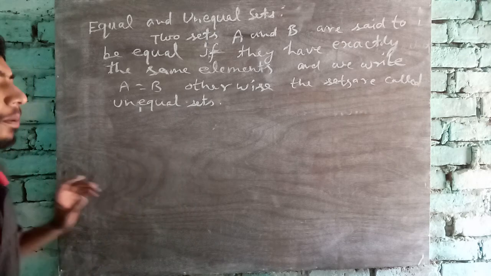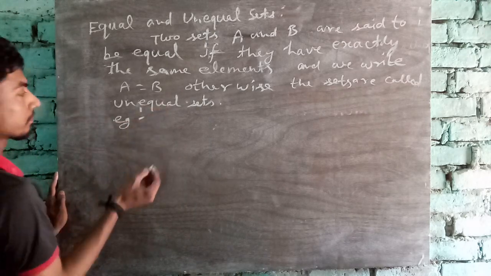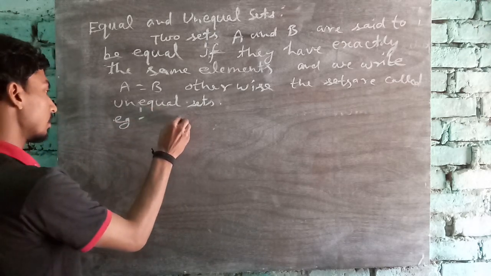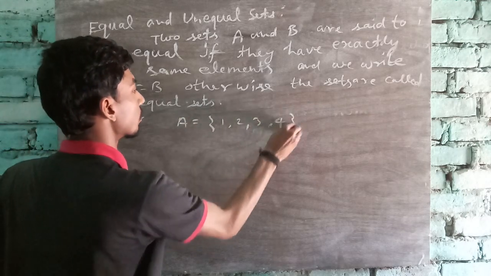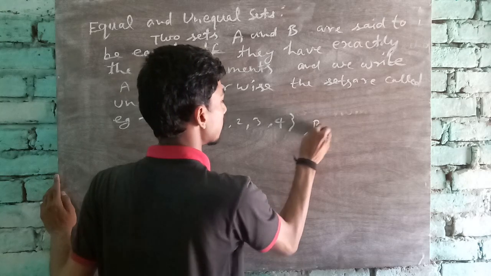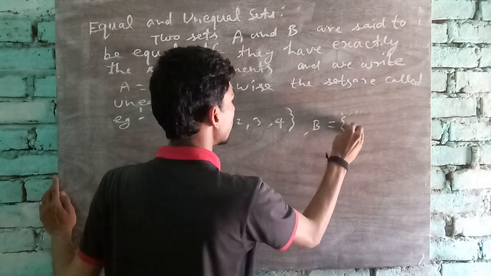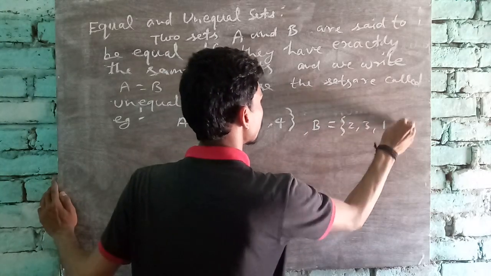Here we can take an example. Let set A be equal to {1, 2, 3, 4} and set B be equal to {2, 3, 1, 4}.